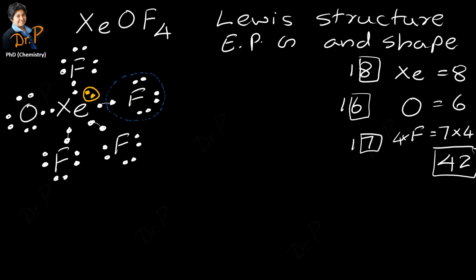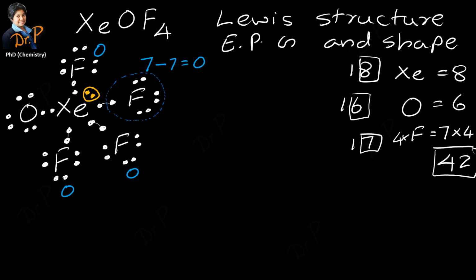So fluorine should have 7 valence electrons, and in the Lewis structure that we have drawn, it is holding 7 valence electrons. So the formal charge of fluorine is going to be 0. All the other fluorine atoms have the same environment, so they also have a formal charge of 0.